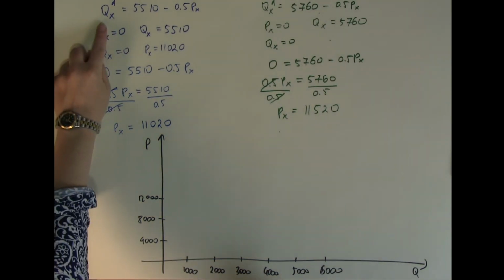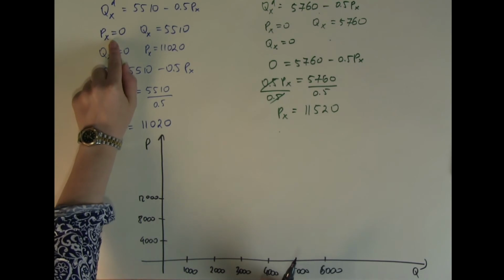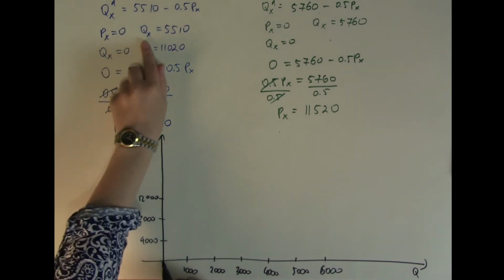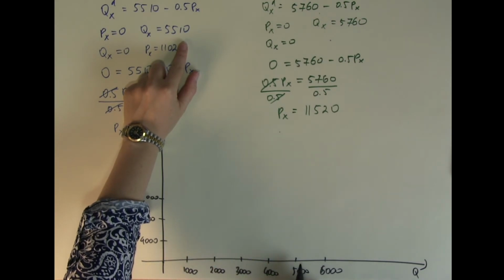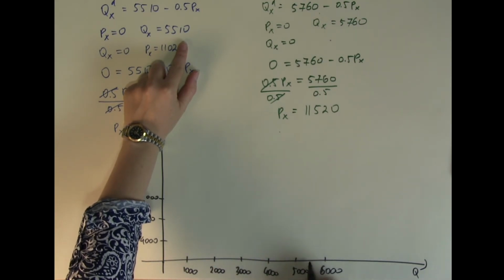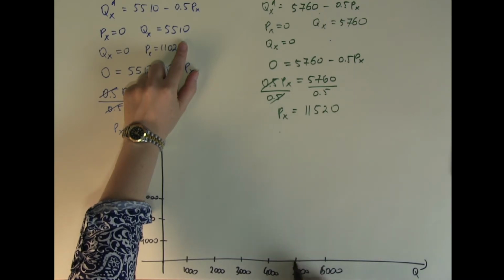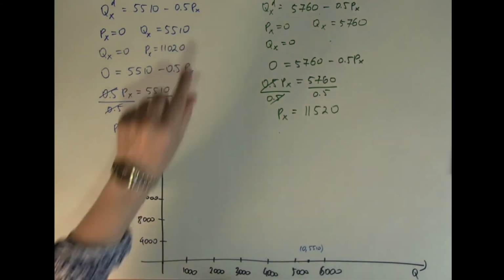So for the blue graph, I need P to be 0 and Q to be 5,510. Now that would be somewhere, this is 5,500, exactly halfway in between the two, so I can put that more or less there. So that would be the 0, 5,510 point.